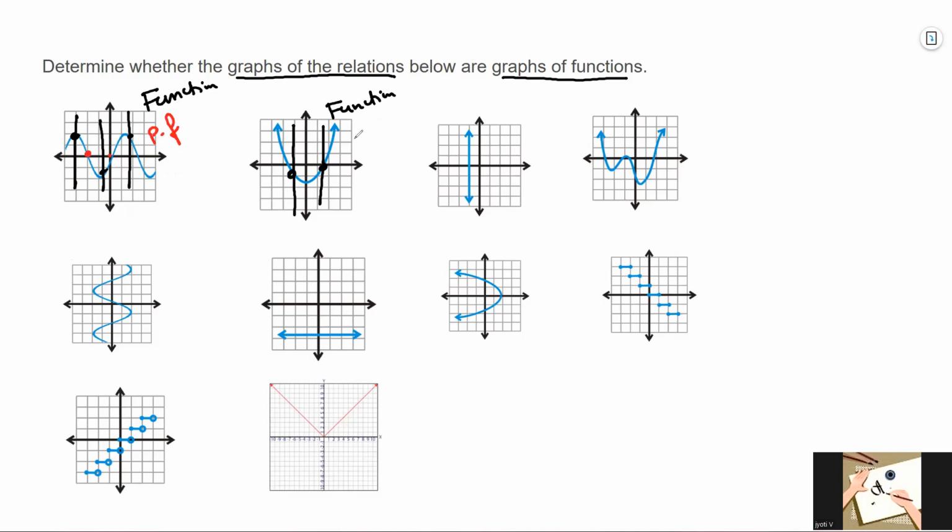This one is a parabolic function, meaning a square function. The next one, if you draw a vertical line, let's see. So this is a point like -1 and 0, and then you have -1 and 1, somewhere -1 and 3. So how do you check whether a line parallel to the y-axis is a function or not?